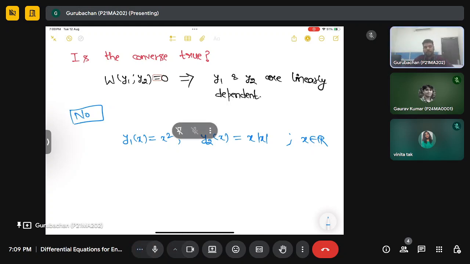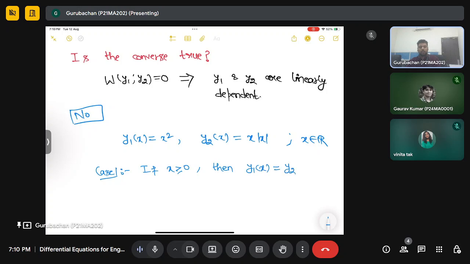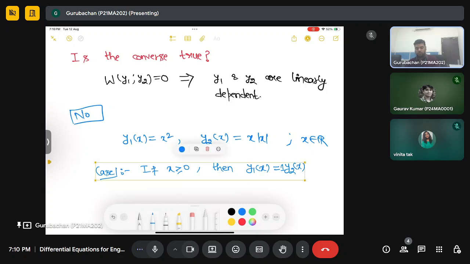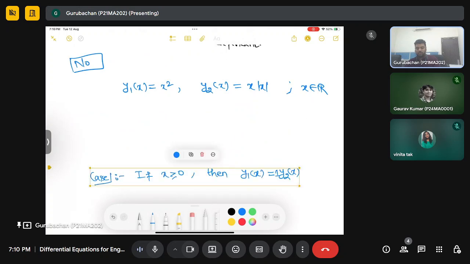So if you divide into sub cases, suppose case one is if x is positive, or you can say non-negative, then clearly you will get that y1(x) is nothing but one time multiple of y2(x), and moreover to that, you shall calculate its Wronskian.